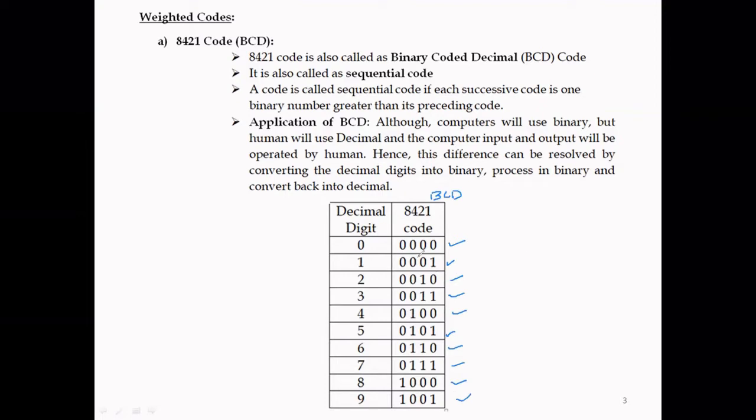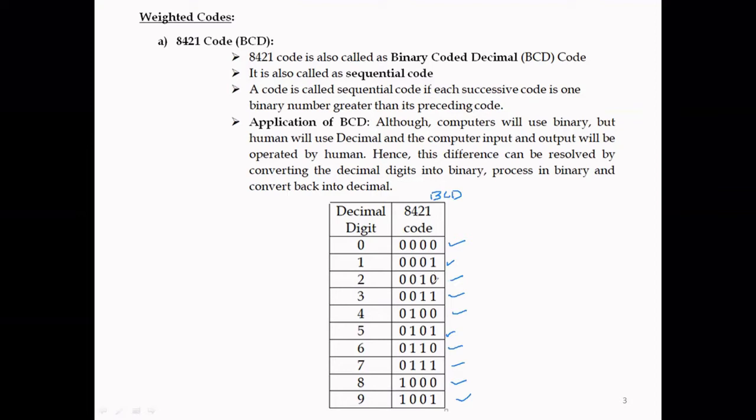So the decimal digits 0 to 9 can be converted into BCD by just 4 bits. This is a weighted code because of 2 power 0, 2 power 1, 2 power 2, 2 power 3.